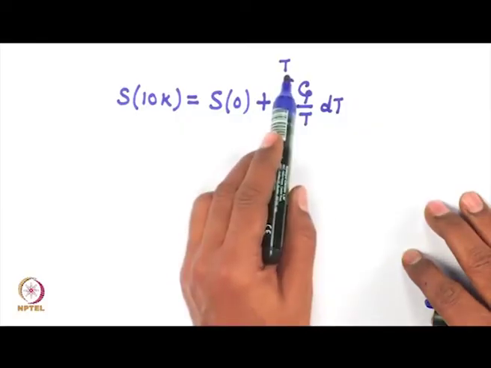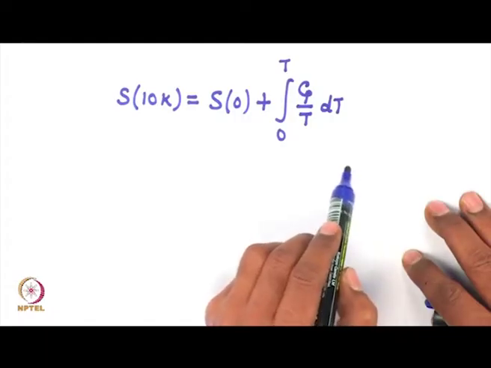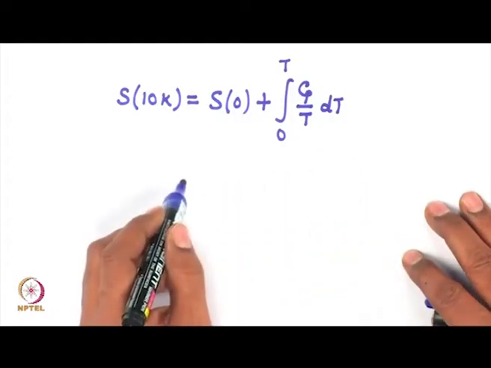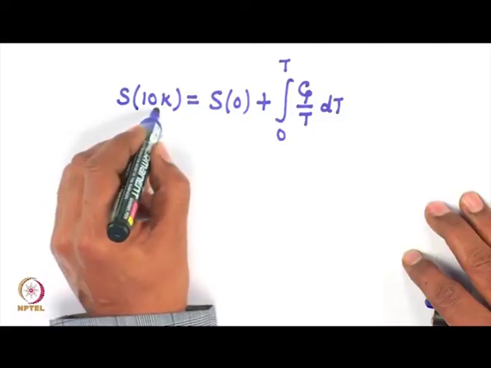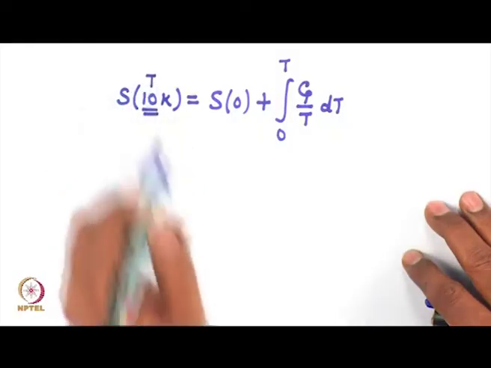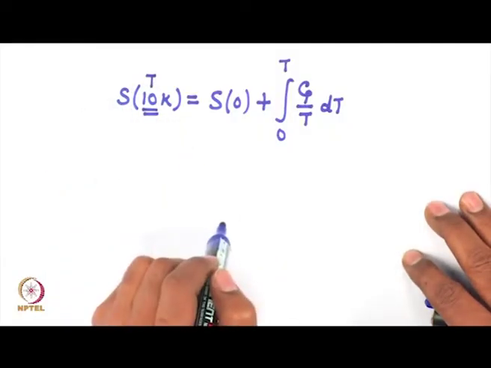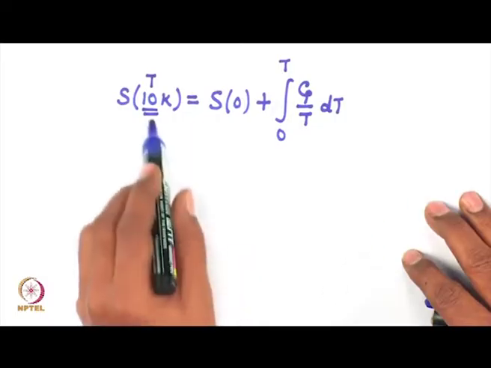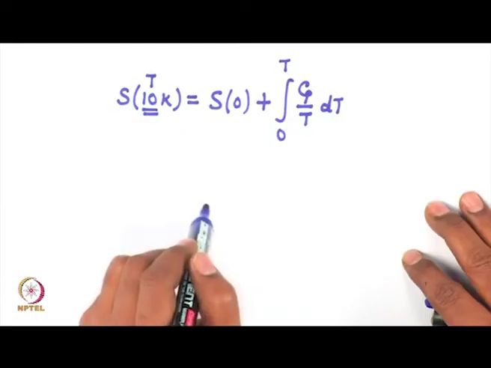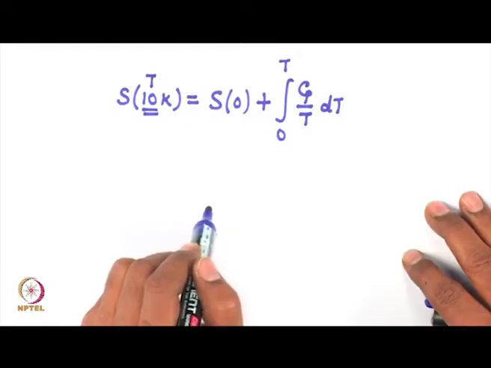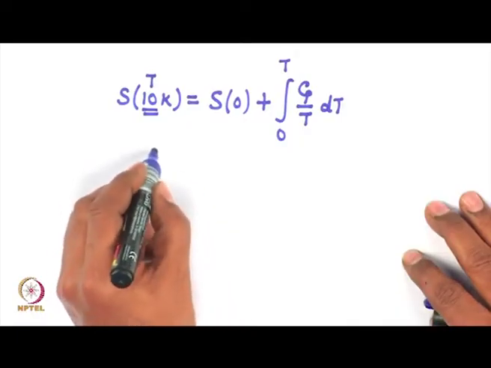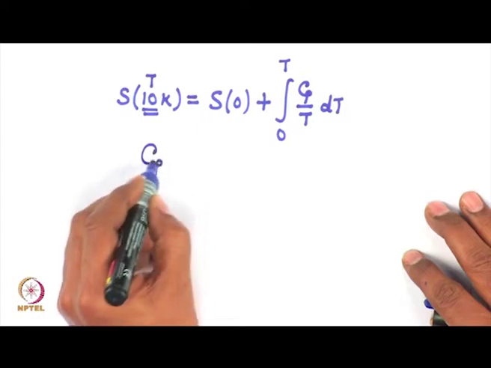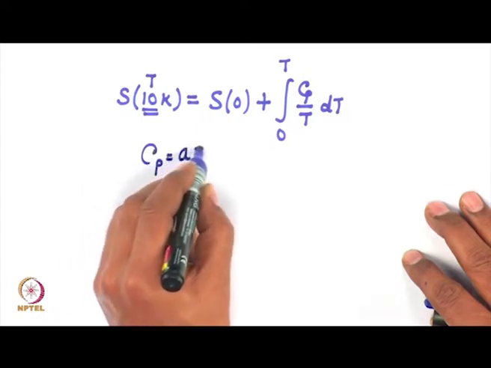I am deliberately not putting 10 over here, because the temperature is very low, and at this temperature we can conveniently use the Debye extrapolation or Debye T cube law, which is Cp is equal to A T cube.